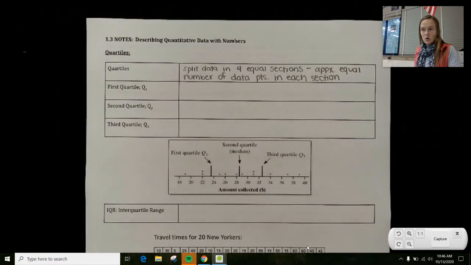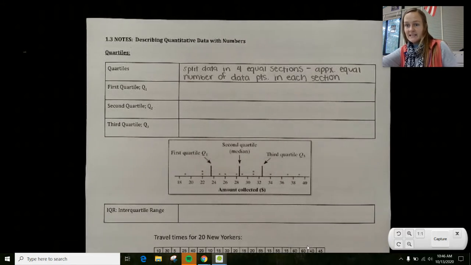The first quartile is the median of the lower half of the data. The second quartile is actually the median, and the third quartile is the median of the upper half of the data. So usually when you find these, you find the second quartile first.